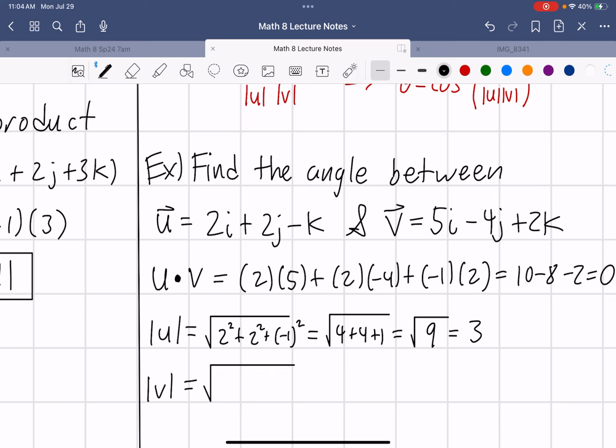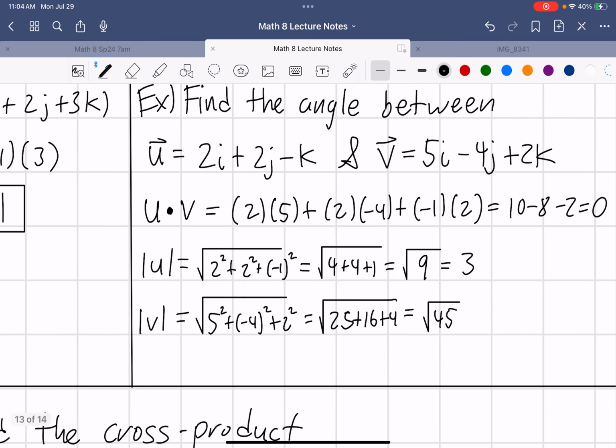We just take that extra component: 5 squared plus negative 4 squared plus 2 squared is equal to 25 plus 16 plus 4, which is going to be the square root of 16 plus 4 is 20, plus 25 is 45.